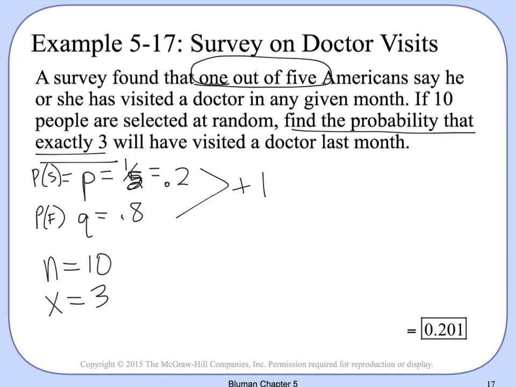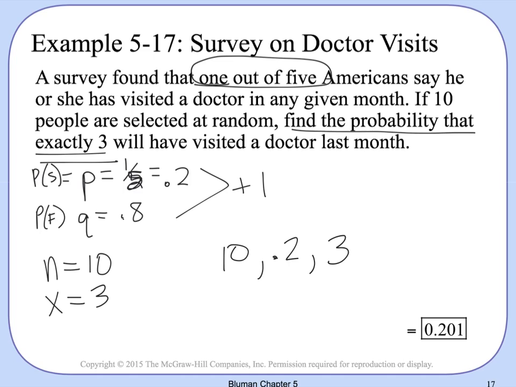So, like I said, you have to go to binomial PDF. If you have the newer calculators, you'll type these in where they say. If you have an older calculator, you have to follow the order of what I said. And what did I say the order was? N, then P, then X. It's actually easy to remember. It's alphabetical order. So in binomial PDF, you type in N first, then P, then X. You're going to type in 10, then 0.2, and my X value is 3.